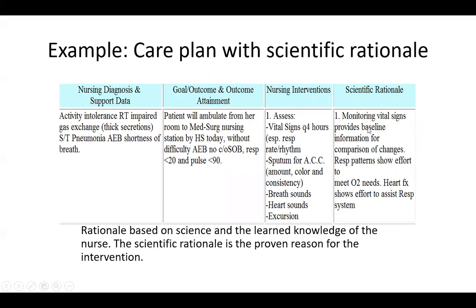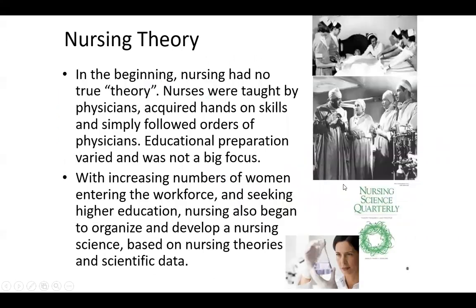Monitoring vital signs provides baseline information for comparison of changes. Respiratory patterns show effort to meet oxygen needs. Heart rate shows effort to assist the respiratory system. All this is telling you is when I do an intervention, I have to have a scientific reason for doing it. I can't just do it because I think it's a good idea.